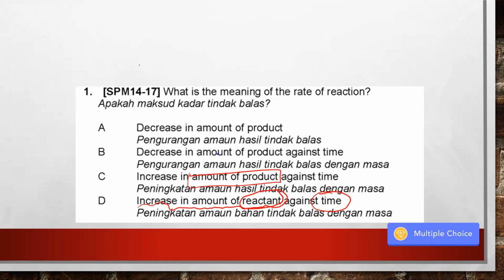If I'm drawing my graph of reactant over time, my reactant will go lesser, because zinc powder and hydrochloric acid have been used up. So my reactant will decrease. If teacher is using product, like volume of gas over time, then my product will go up. So the answer is actually C.